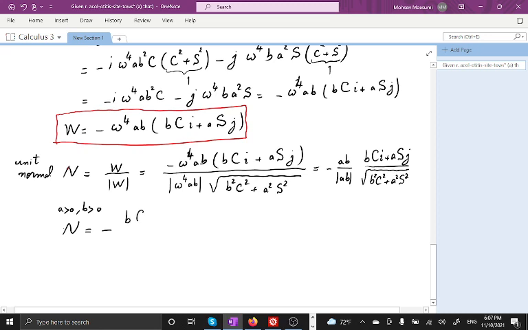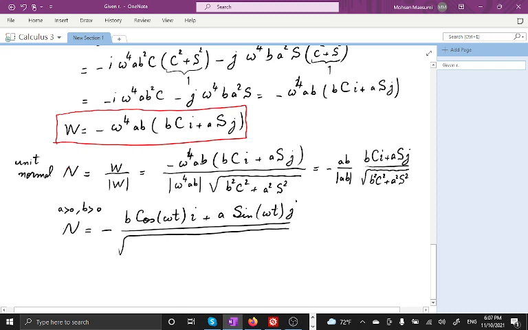So in case, I hope you followed through, this is (b cosine of omega t i + a sine of omega t j) divided by the square root of b squared cosine squared of omega t plus a squared sine squared of omega t. So if you want to write it in a full expanded version, that is what it is.